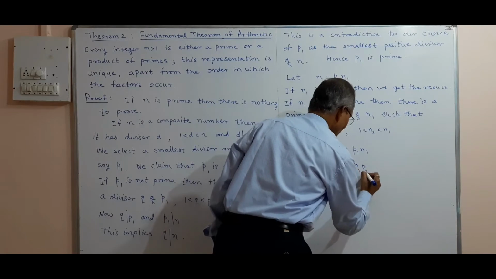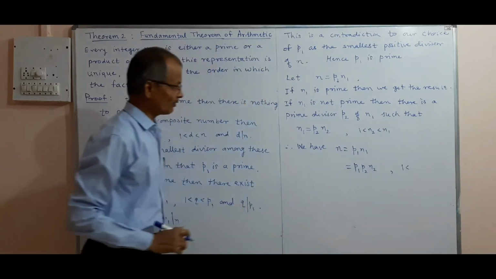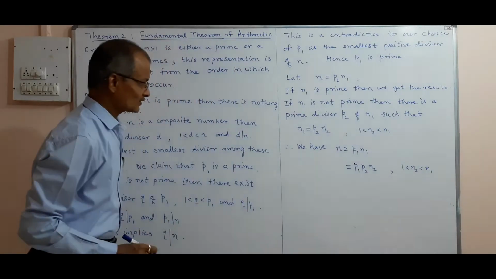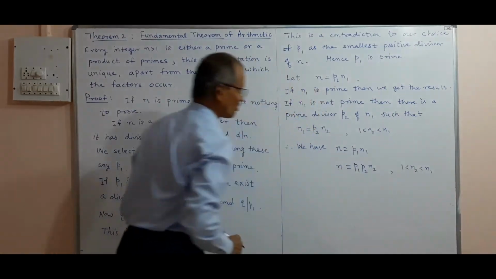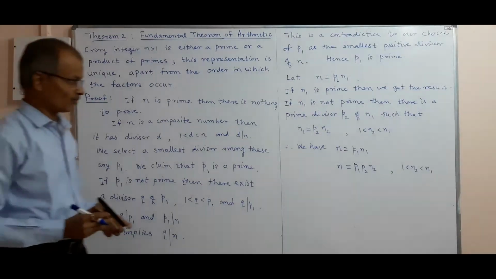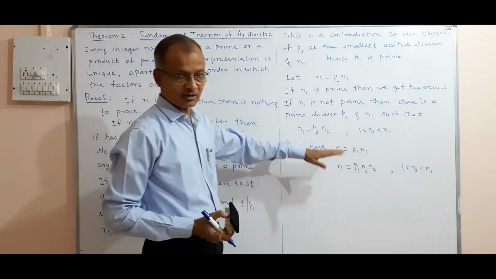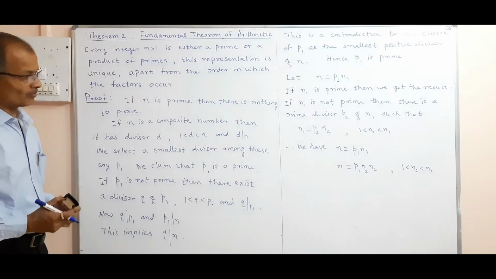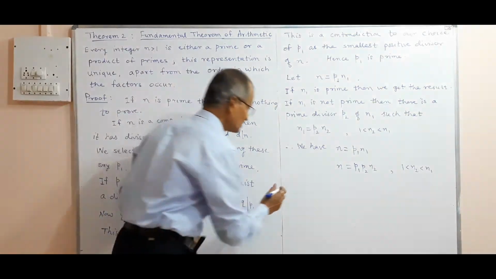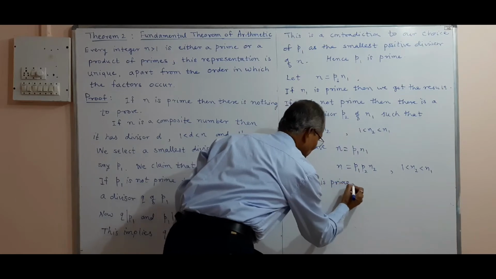So N is P1 P2 N2, and the inequality for N2 is 1 is less than N2 is less than N. Thus we get the representation for N. Now if N2 is prime, we stop, because we continue this until we get prime factors, a product of primes.